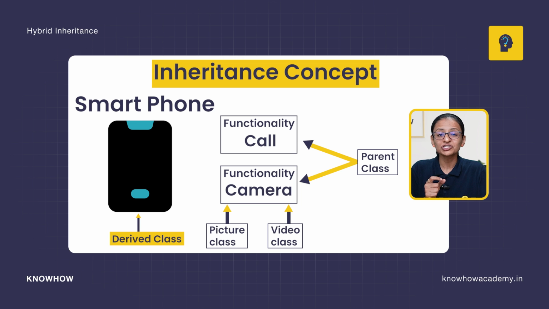So whatever the functionality of the picture class and the video class, that is also inherited in the camera class. And via the camera class, smartphone is also inheriting the picture and video classes. So this situation is called hybrid inheritance.